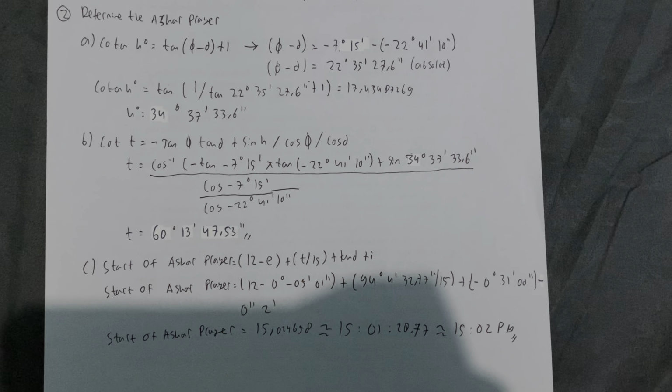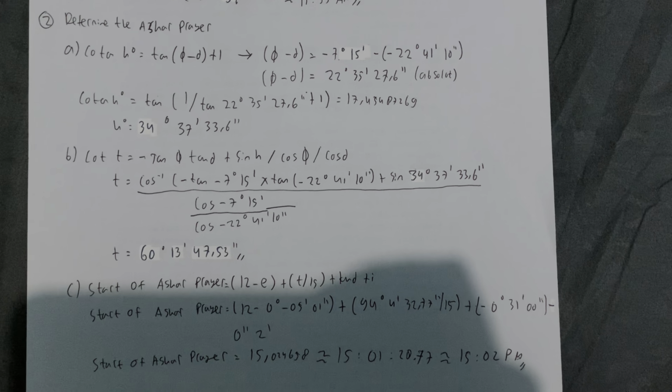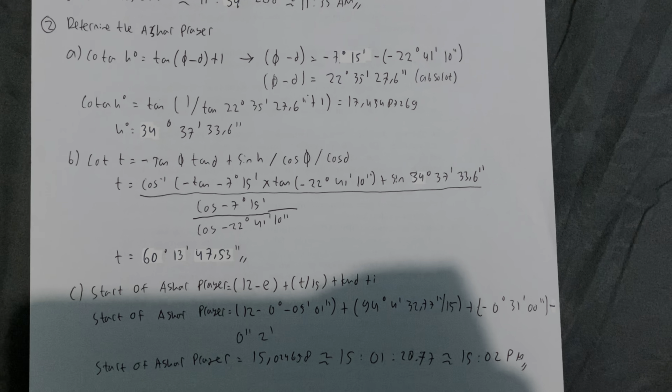The equation is tan h = tan |lambda minus d| plus 1. So the result based on the equation above is 22 degrees 35 minutes and 27.6 seconds.